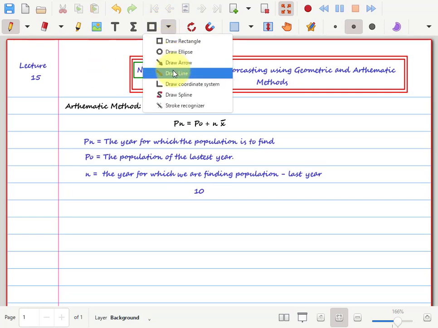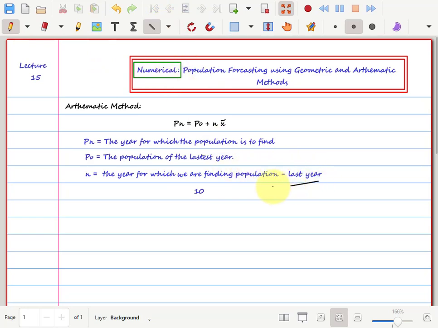That's the reason for using 10. So n is equal to the year for which you are finding the population minus last year, divided by 10. You will understand these terms after solving the numerical problem.